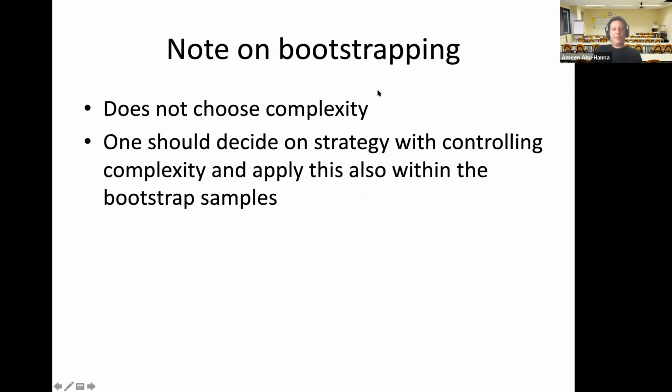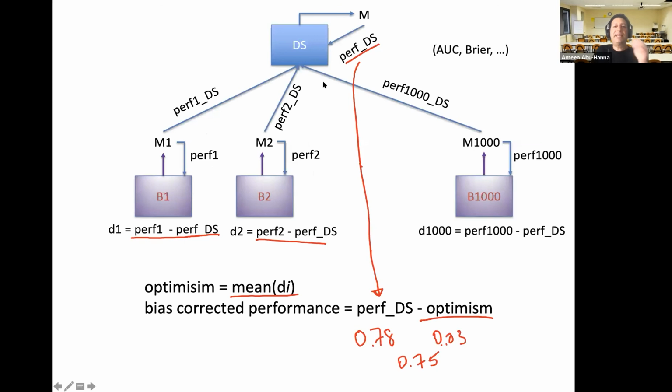So, a note on bootstrapping: we did not use it to choose complexity. I didn't show any place where you could use it, but what I do here is an honest estimate. So if you have a strategy to build models, you can do bootstrapping to give you an honest estimate. It does not help you to select the right model.